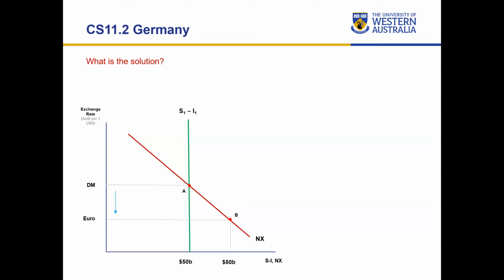So we've given up the idea of importing more to shift the NX curve to the left. The only other option here is to export less. Well, how do you export less? That's actually a lot easier.